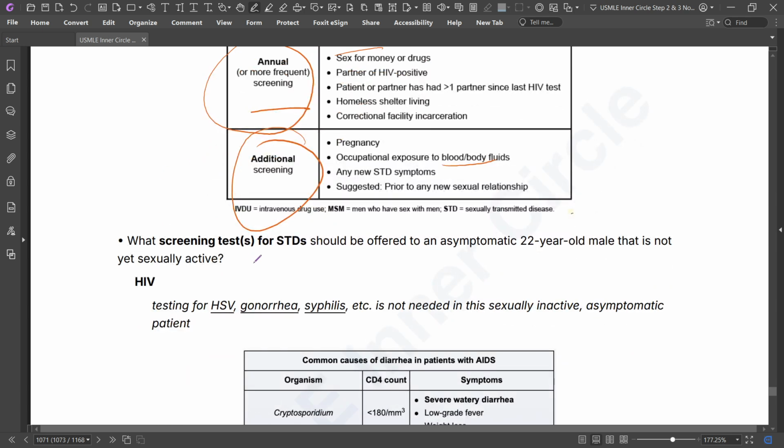What screening for STDs should be offered to an asymptomatic 22-year-old male who is not yet sexually active?